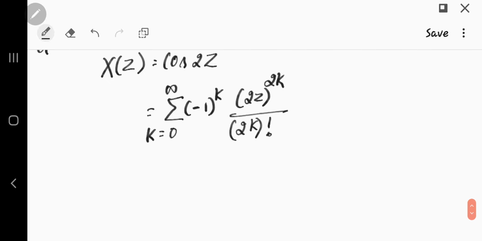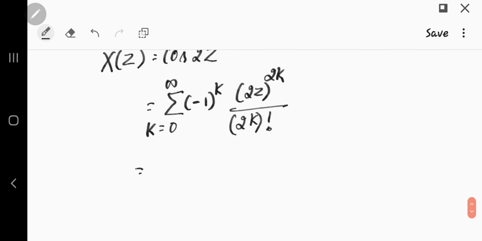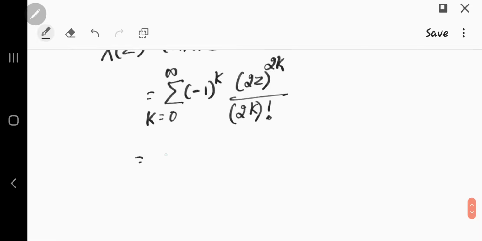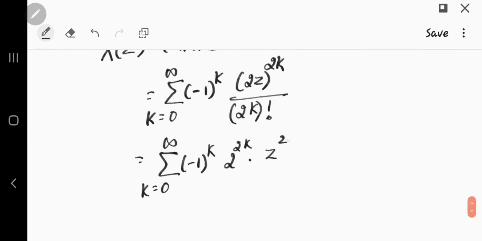Now if you go for simplification here, this 2 and z can be split. So minus 1 to the power of k, I'll take 2 here, 2 to the power of 2k into z to the power of 2k, whole divided by 2k factorial.